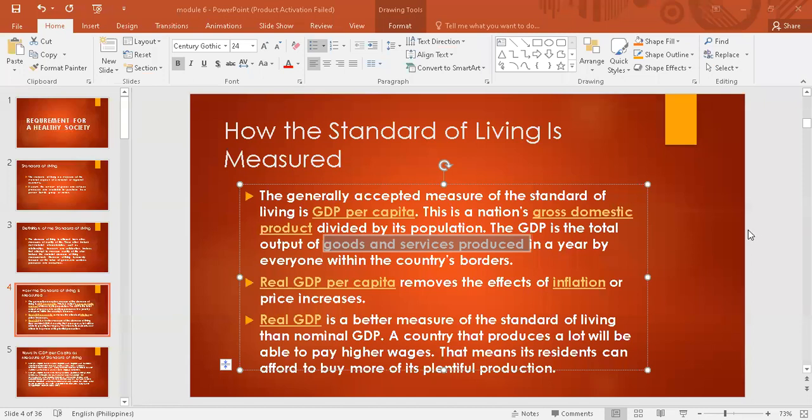Now, let's check kung ano ang or gaano kalaki ang GDP ng Philippines ng year 2020. Ayon po sa data from the World Bank, ang GDP ng Philippines or ang gross domestic product ng Philippines was worth $361.49 billion noong 2020 lang po yan.